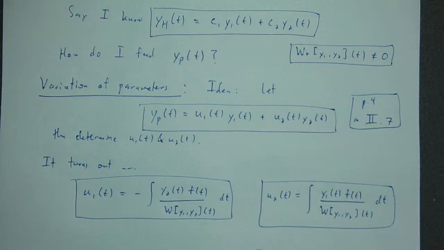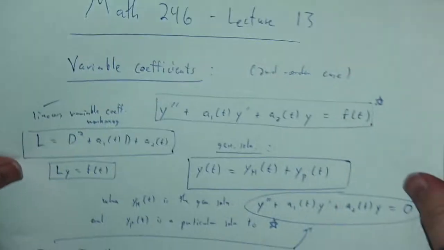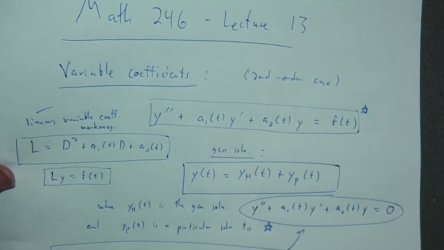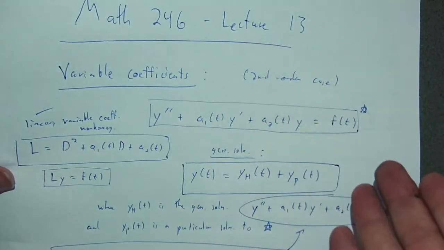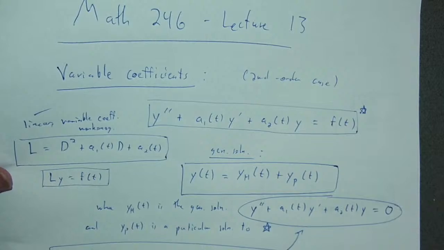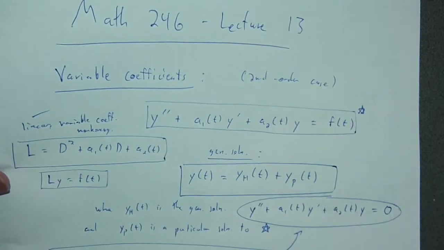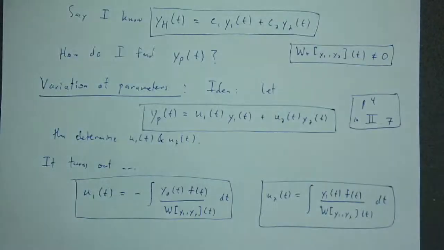So when can I use this? Well, whenever I have an equation like this. Non-homogeneous, variable coefficients, no restriction on f. Right? No restriction on f. So as long as the existence and uniqueness theorem guarantees the existence of a unique solution for an IVP that looks something like this, I can use this.